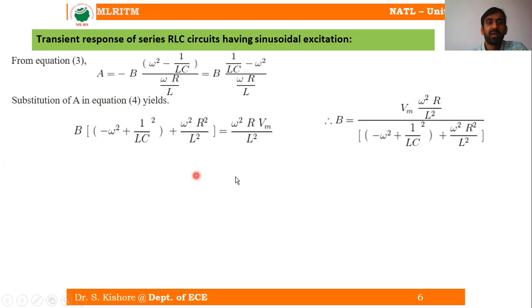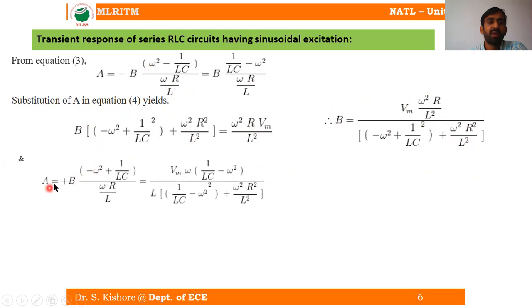So from this we can write B is equal to, so we are having here Vm omega square R by L square divided by this whole term. So what is this whole term? Omega square plus 1 by LC whole square plus this one. So that means here we got the value of B. So now substituting this value of B in this equation, easily we can get the value of A. So now the value of A, you can have this one.